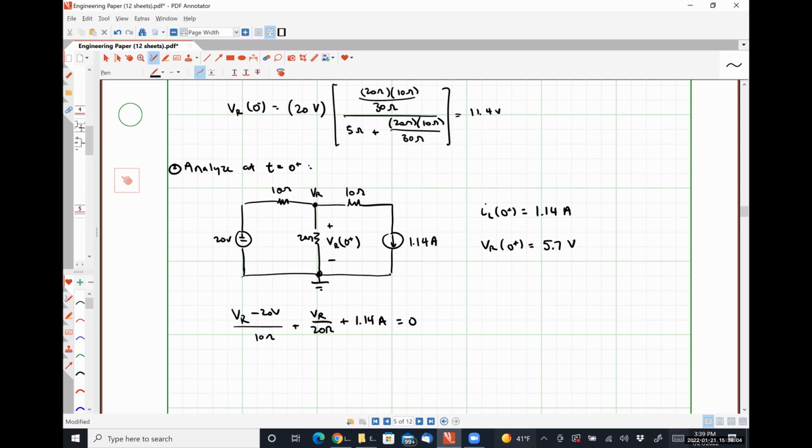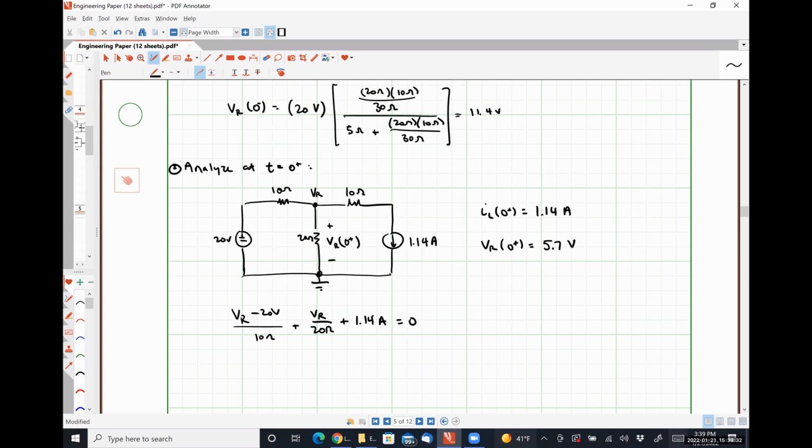Can anybody confirm that result? All right. Aiden, you get 5.7? All right. Okay. Anybody have any issue with our analysis at t is equal to 0 plus?